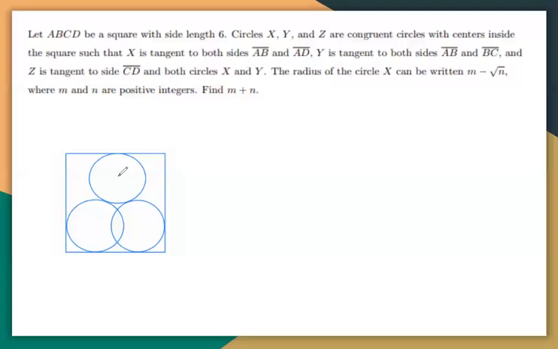Let's now start by labeling our centers. I'm going to call these A, B, C, and D. If you now connect the center points, that will be the radius plus radius, which is 2 radii, and the same goes for the other side.